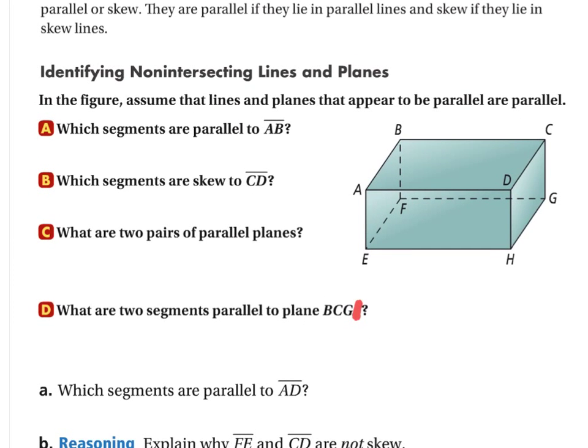All right. So take a look at example A. In example A, we want to name which line segments are parallel to line segment AB. So does everybody see where AB is located? AB right there. So what line segments are then parallel to line segment AB? Line segment EF, I 100% agree with that.